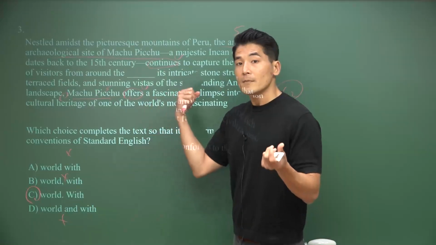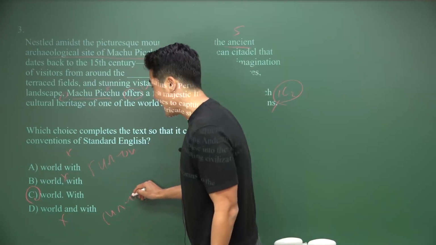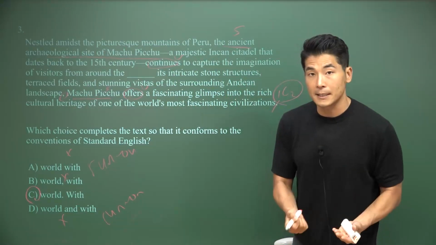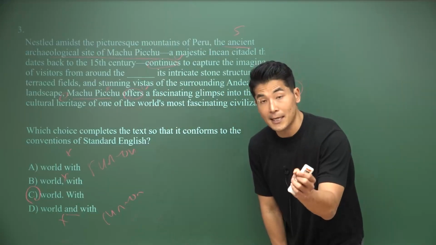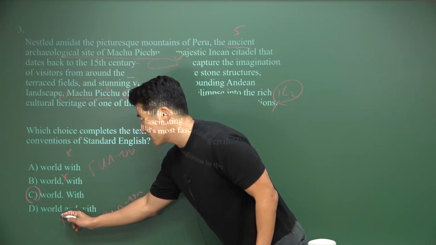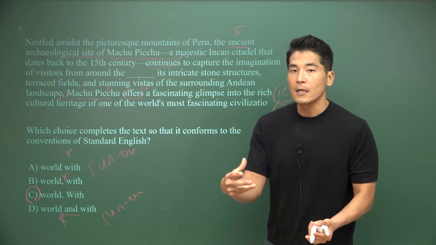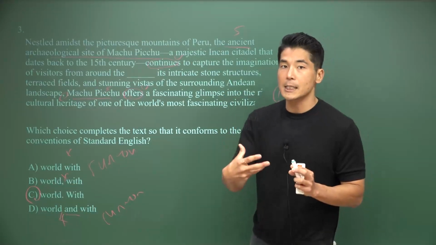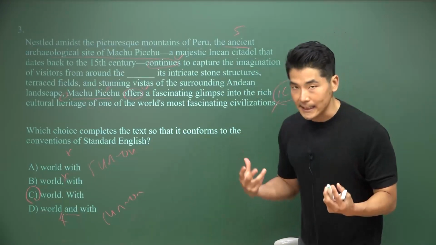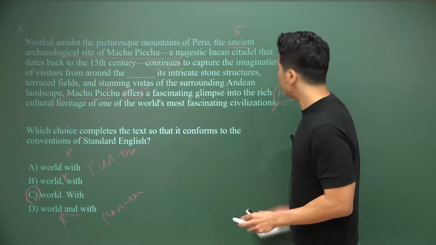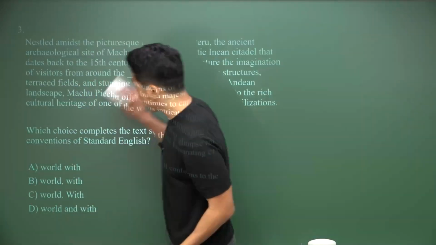So I know that A, B, and D all create run-on sentences. D creates a run-on sentence, and that's a little bit more subtle, because you have to have the comma and the FANBOYS "and." You can't just have "and." You have to have the comma plus the FANBOYS "and" to separate two complete sentences. So I know that answer choice C is the only one that creates a grammatical sentence.